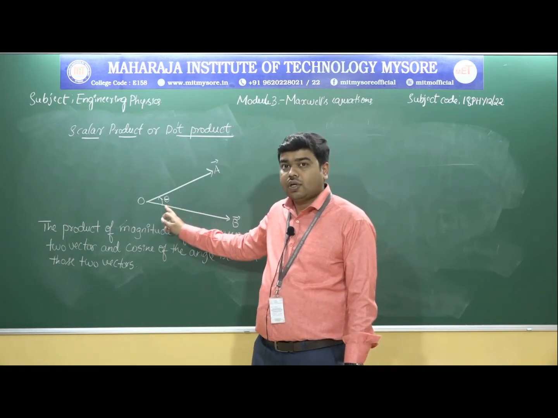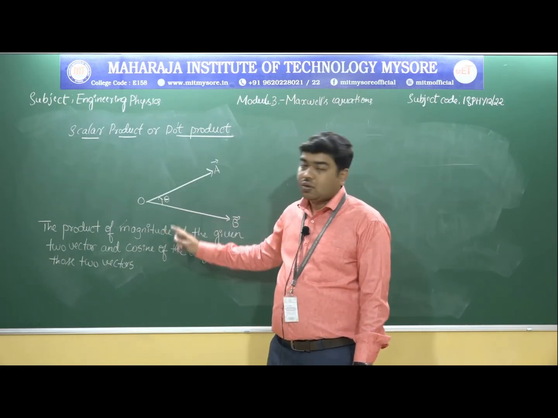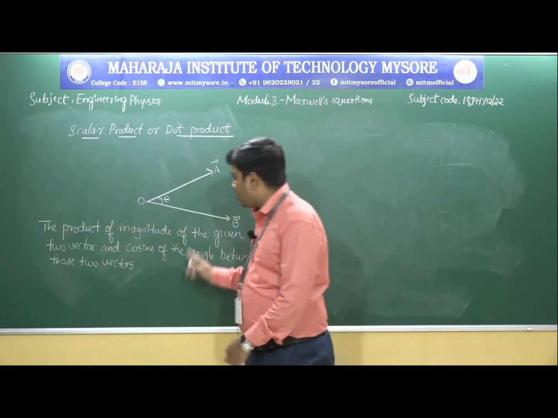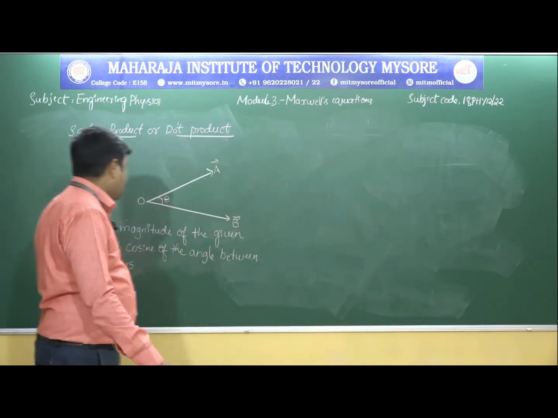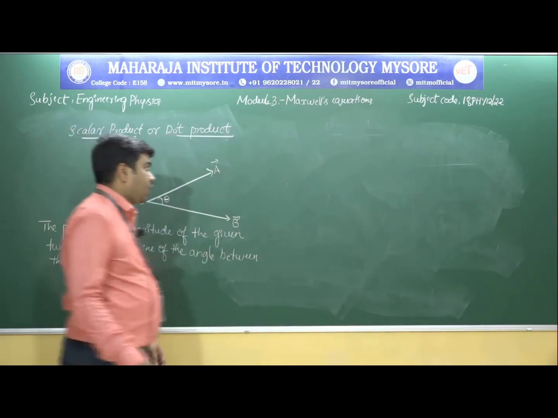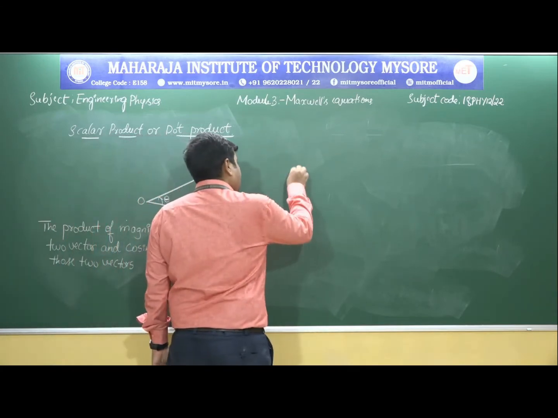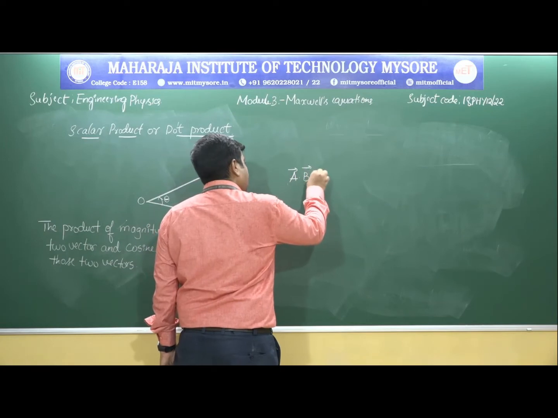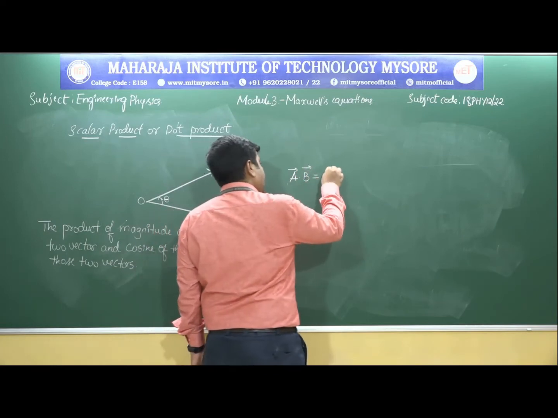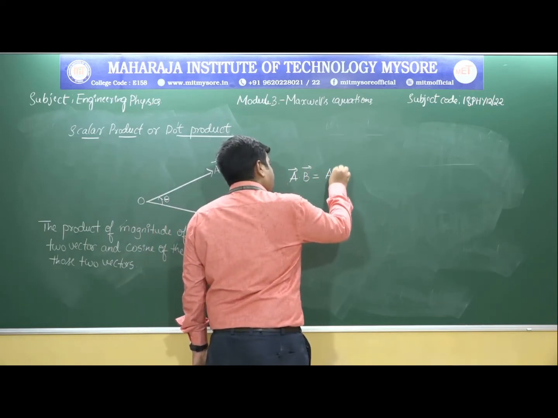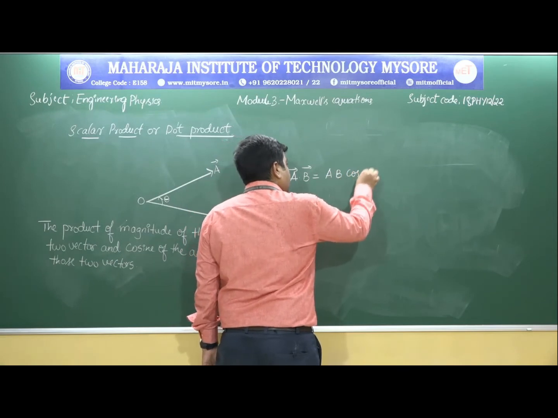The angle between those two vectors is theta, so it is cosine of theta. We can write the scalar product in mathematical form as the dot product: vector A dot vector B is equal to A B cos theta.